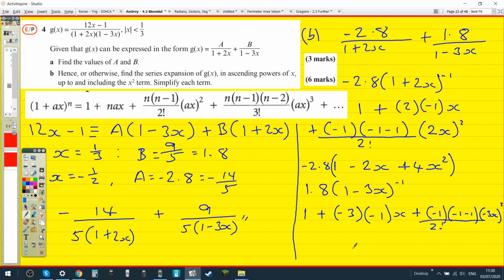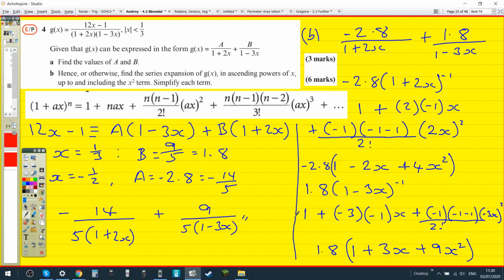And then that will be 1 plus 3x. And will it just end up being plus 9x squared? Yeah. And then times that by 1.8. Yeah.